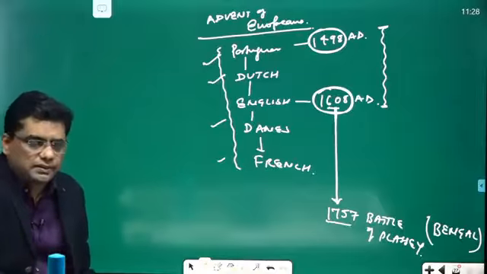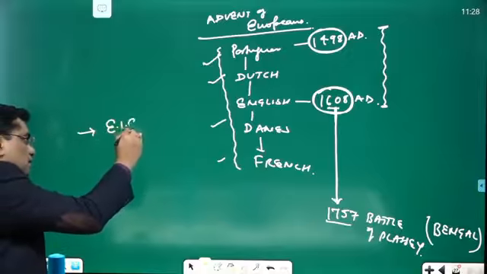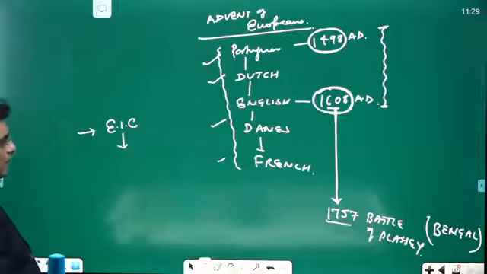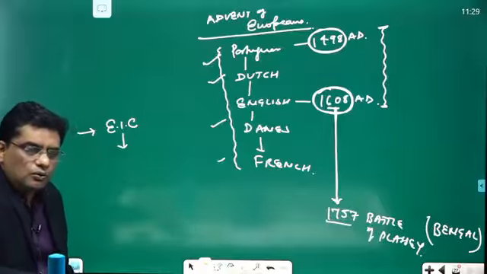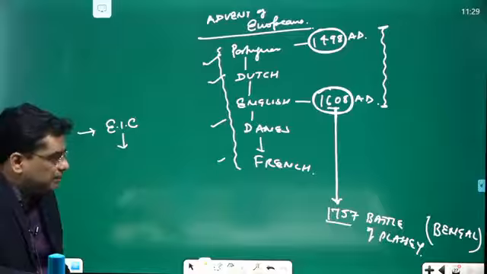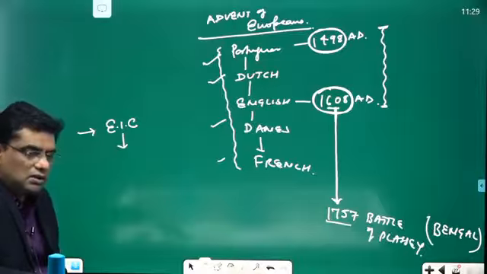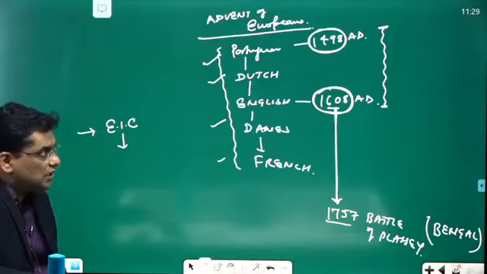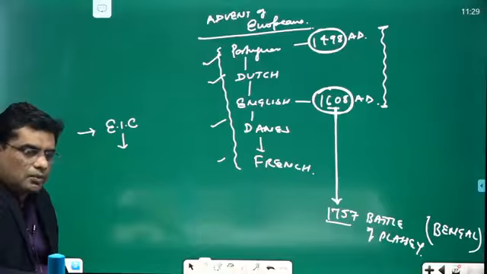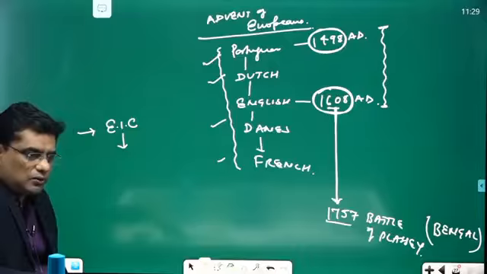So here you write one sentence: East India Company did not come to India with the objective of becoming a political power, but circumstances in India persuaded the company to aspire for political power. So keep this sentence in mind.